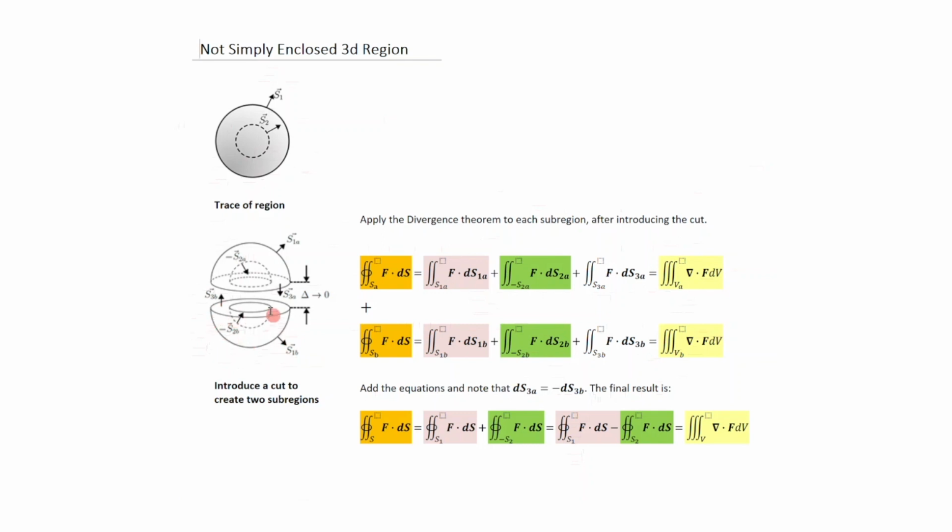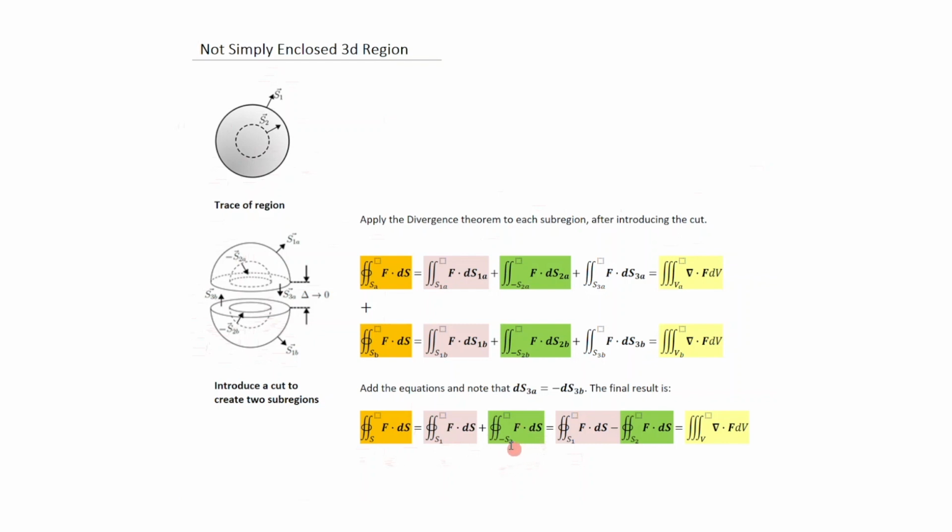So when you add the two together, the flux contribution from this surface and this surface cancels. And so finally we're left with the expression shown here, that the closed surface integral, which is when you join the two together, is just going to be a contribution from S1, which is the exterior surface, and a contribution from the interior surface, but here at minus S2, which is pointing inwards, not outwards.